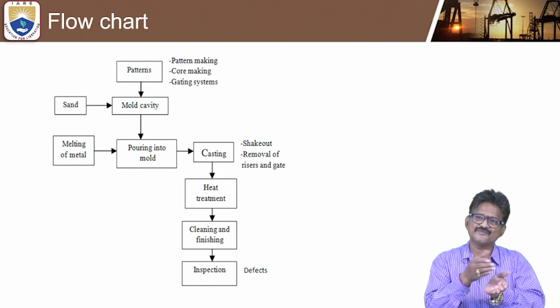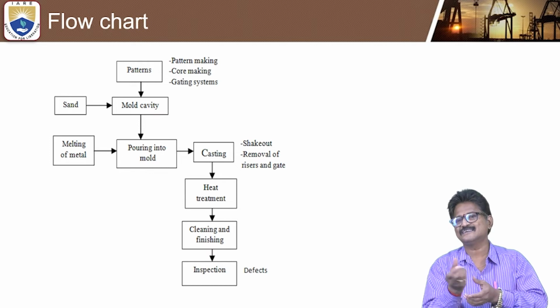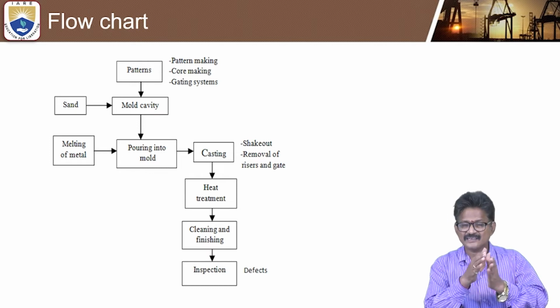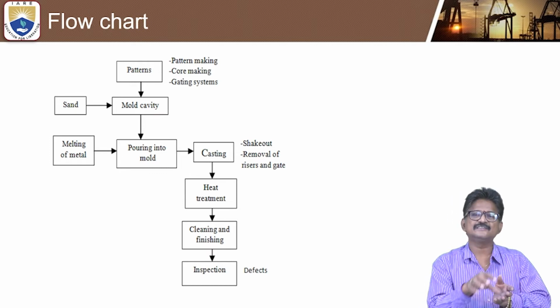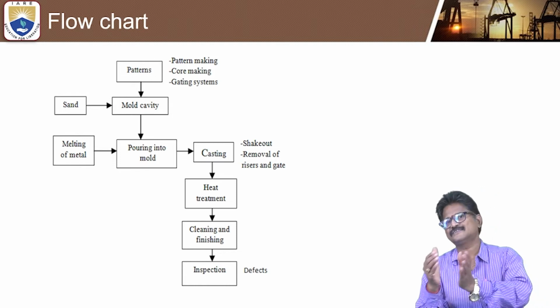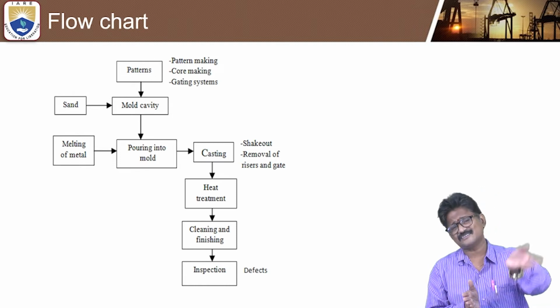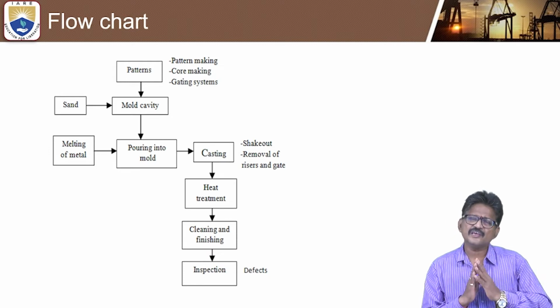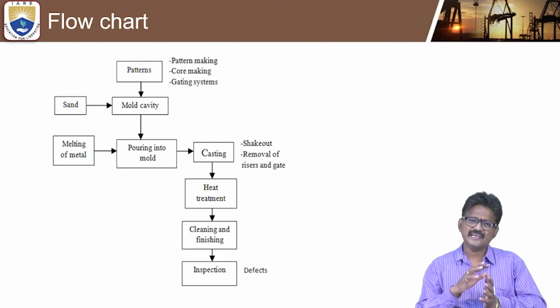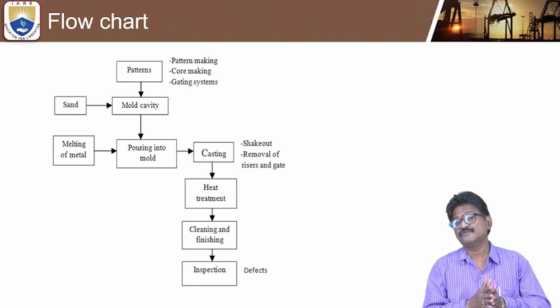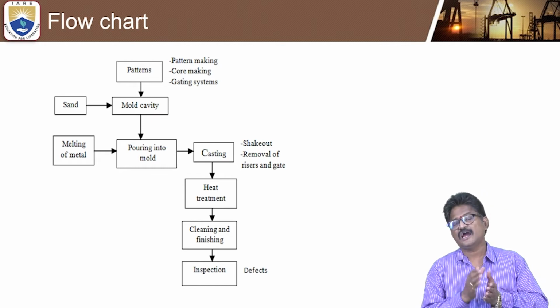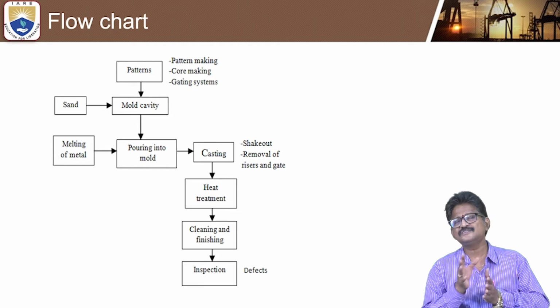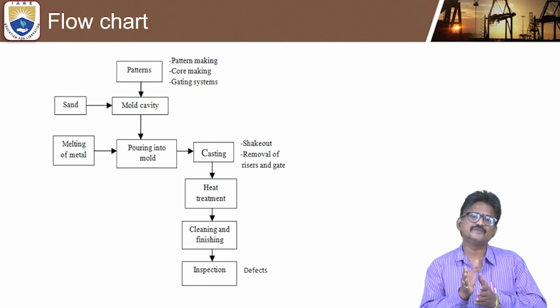They pour either wax or whatever material, and whatever the shape of the mold, the same Ganesh idol is prepared. That's why it is a traditional process. But for complicated or complex shapes, with a variety of products and mass production, this is one of the most preferred processes.